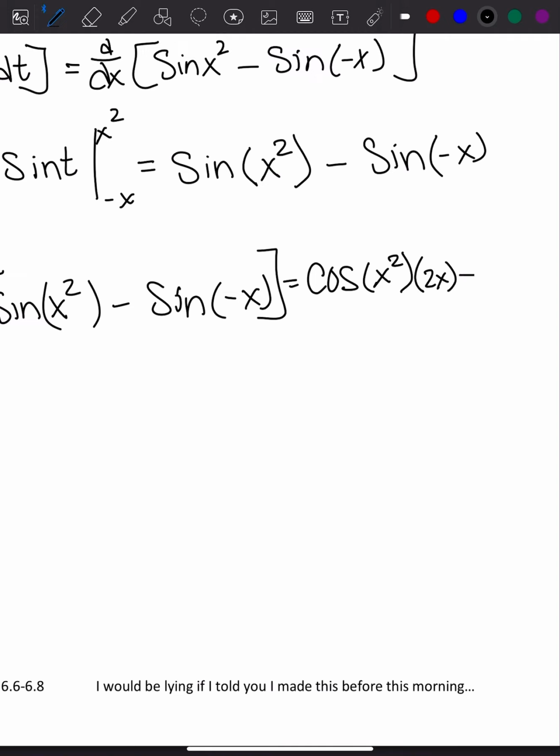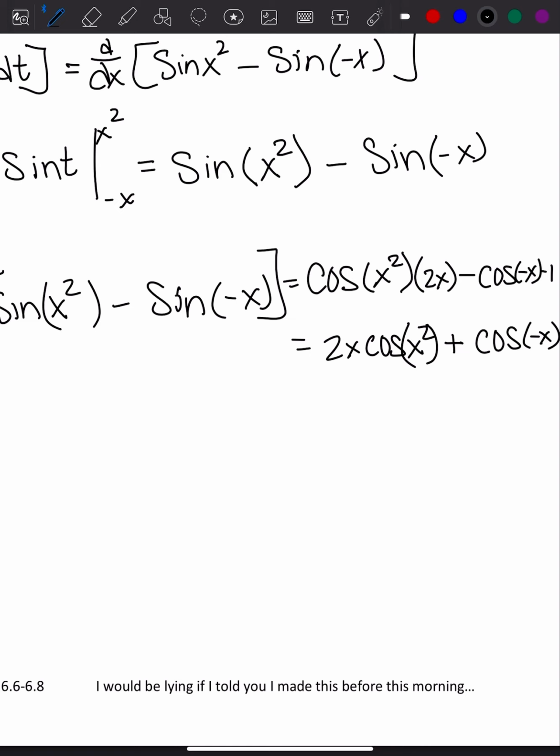And we are going to subtract the derivative of sine, so cosine of negative x, and the derivative of negative x is negative 1. And then I might rewrite it, so it is 2x cosine of x squared minus a negative, we're going to add cosine of negative x.